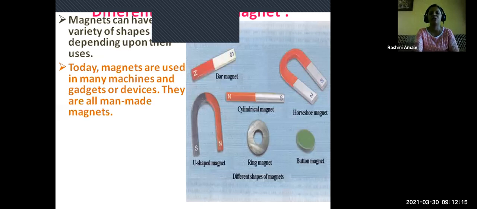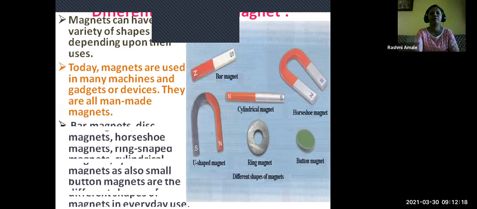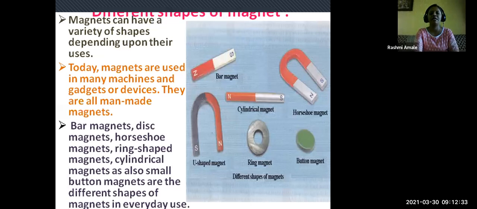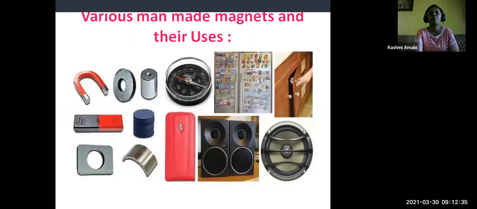They are not natural, they are man-made. So bar magnets, disc magnets, horseshoe magnets, ring-shaped magnets, cylindrical magnets, as also small button magnets are the different shapes of magnets in everyday use.